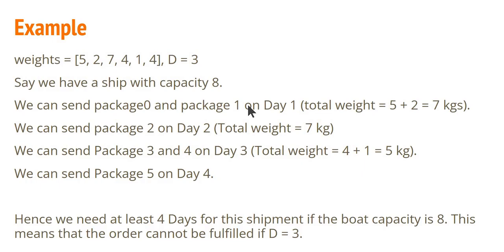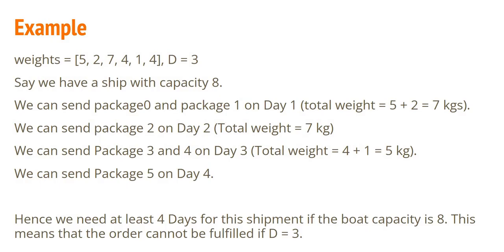We will write a for loop that will iterate over this list. Given a capacity, we'll find out how many days it takes by using this logic that the moment I go over capacity, I must ship on the next day. And if I find that the number of days I need to transport all this becomes more than this constraint here, then I declare that this is not feasible.